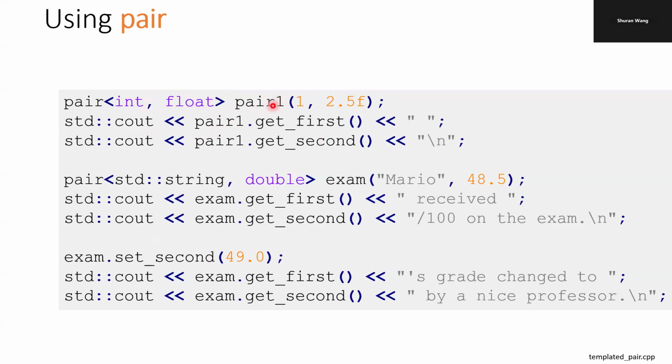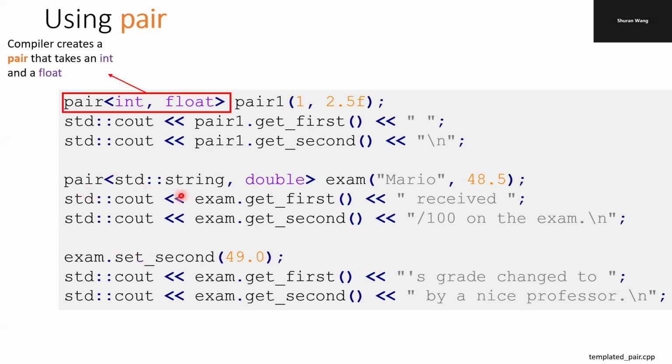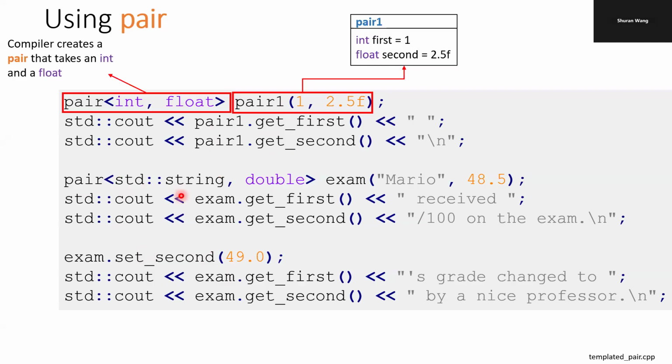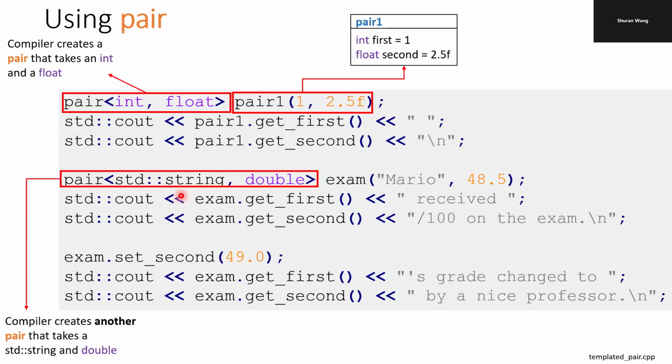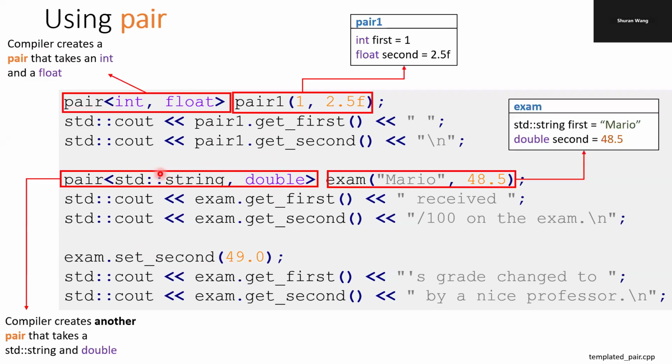And then we can just use the getters and setters as usual, like this. So the compiler will create the respective pair classes based on the parameters you're giving here inside the brackets. Is this clear?